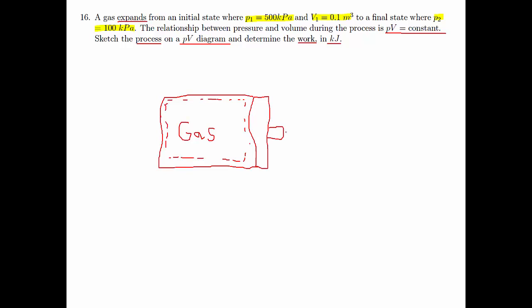And we know it expands, so this piston head's going to move in that direction. So the gas we're going to assume is a closed system, and we know it's expanding, and PV equals a constant, so it's a polytropic process.